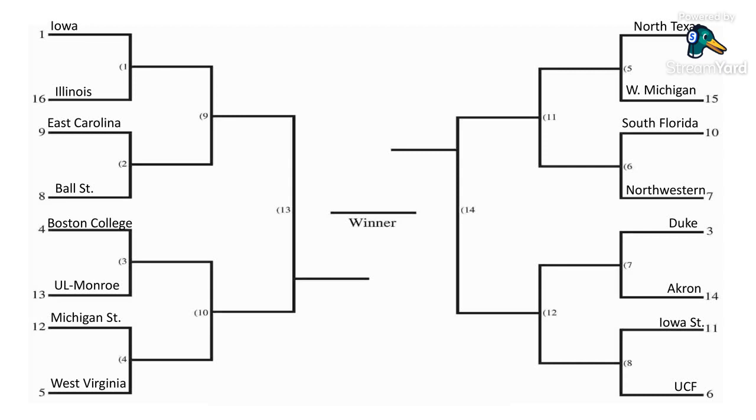Duke from the ACC, and Akron from the MAC, and of course Iowa State and UCF, like I said earlier, are Big 12 teams. So it'll be Iowa, Ball State, Boston College, West Virginia, North Texas, Northwestern, Duke, and UCF to host the first rounds of it.